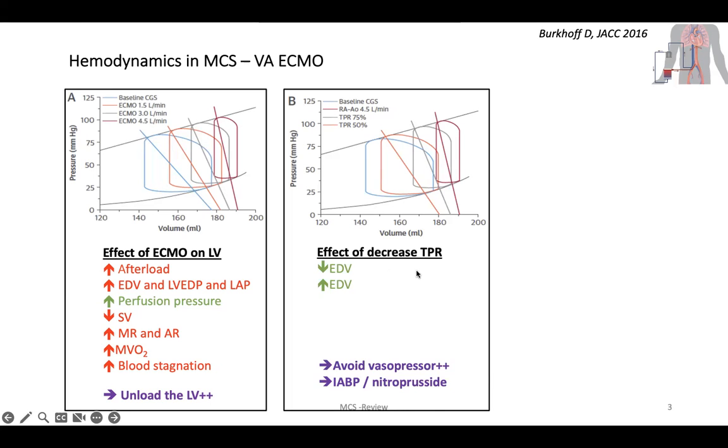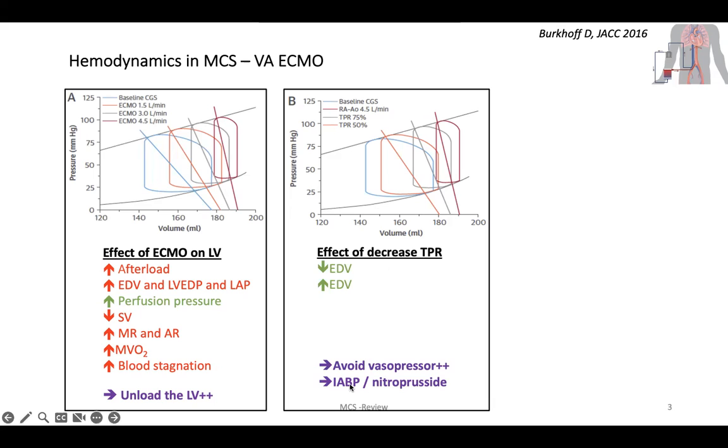So those are beneficial effects. Just by acting on the vascular resistance in the setting of VA ECMO, you can improve the hemodynamics at the left ventricle level. That's why we usually aim for a not very high mean blood pressure, around 65 millimeters of mercury of mean arterial pressure in patients with a VA ECMO, and we try to avoid vasopressors.